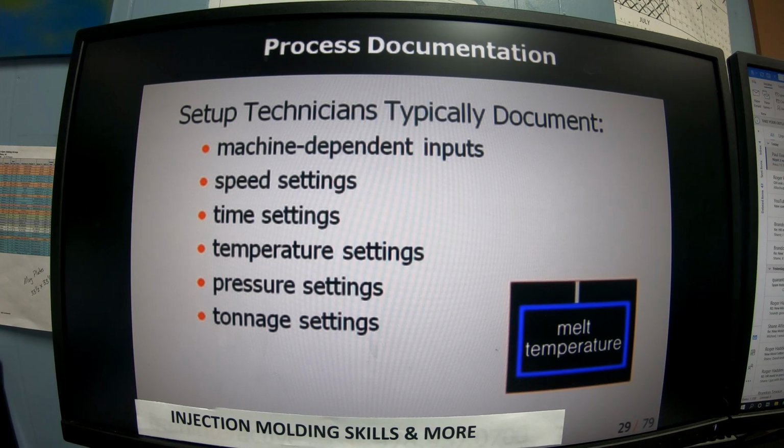As we get into the discussion about the importance of process documentation, you'll note that setup technicians most often document machine-dependent settings or parameters, such as injection speed or transfer position.